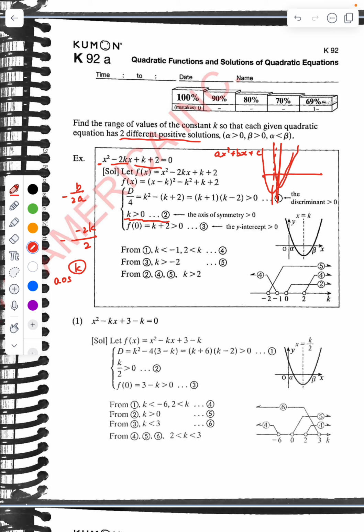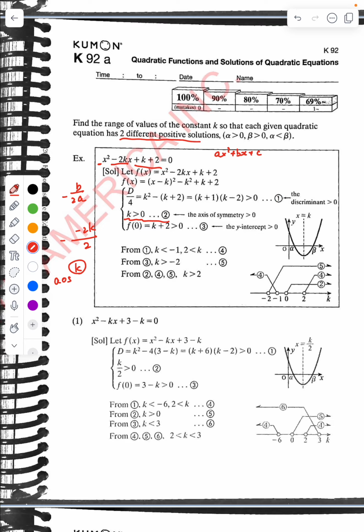So my axis of symmetry has to be positive. Let me erase everything so that now I have a clear picture. My axis of symmetry has to be greater than 0 in order for me to have the possibility of two positive roots in this case.